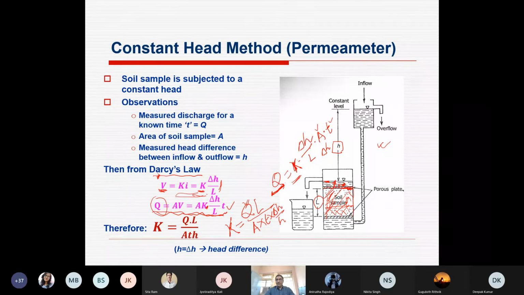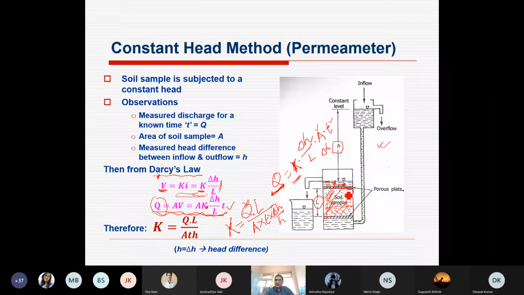I will show you in one video how to collect this sample. After collecting it, we put this sample in water for 24 hours so that it is saturated first. Then we fit this sample in a particular arrangement where we have porous plates on both sides, which allow water to pass freely to and from this sample.